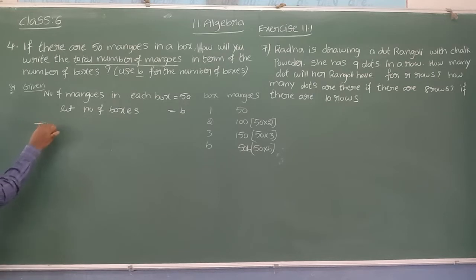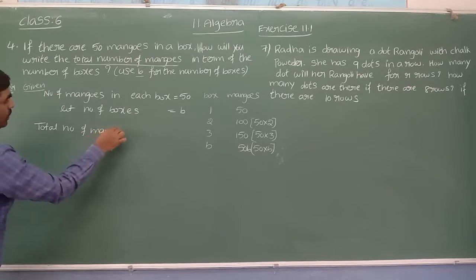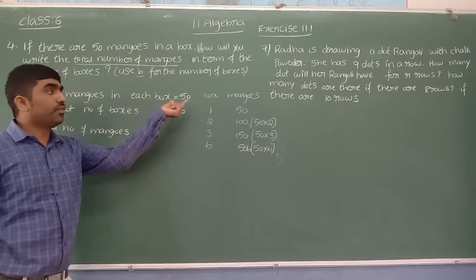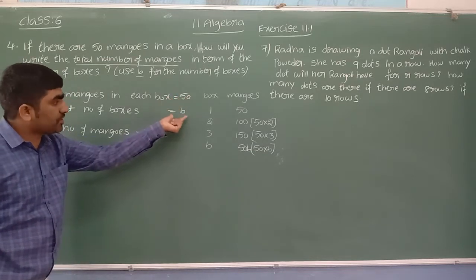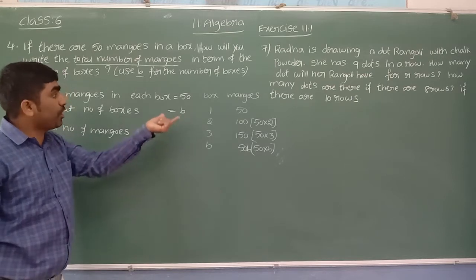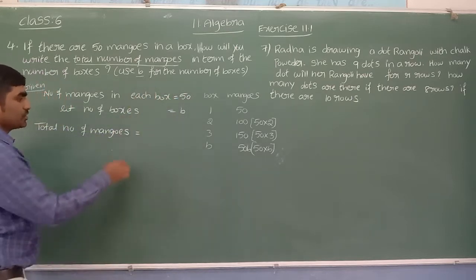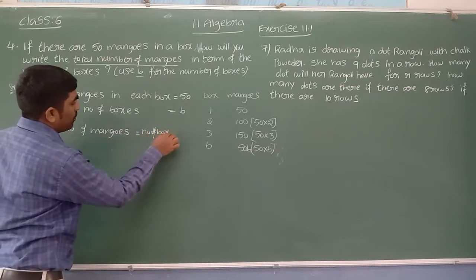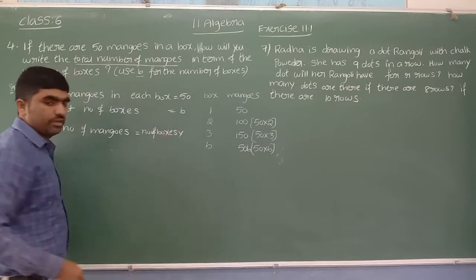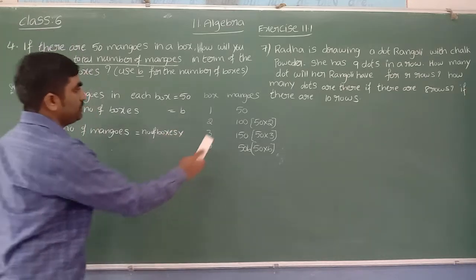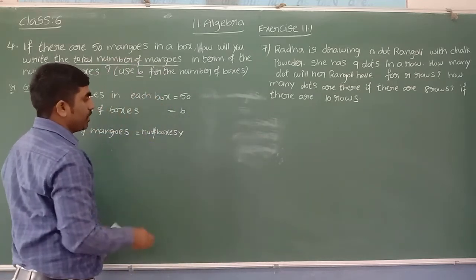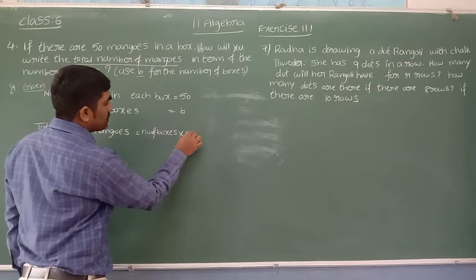Let me write it here. Total number of mangoes is equal to, how can I write? Number of boxes into fruits in each box. Number of boxes B into mangoes in each box, 50. So we can write number of boxes into mangoes in each box.